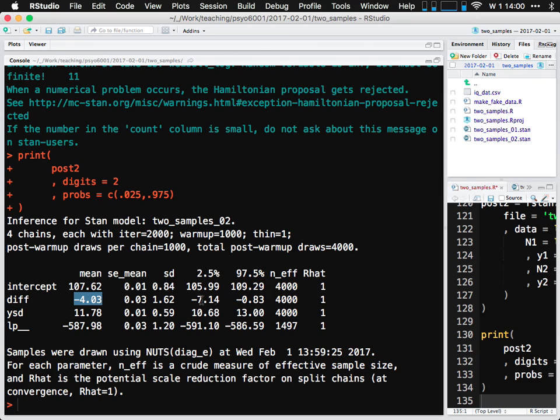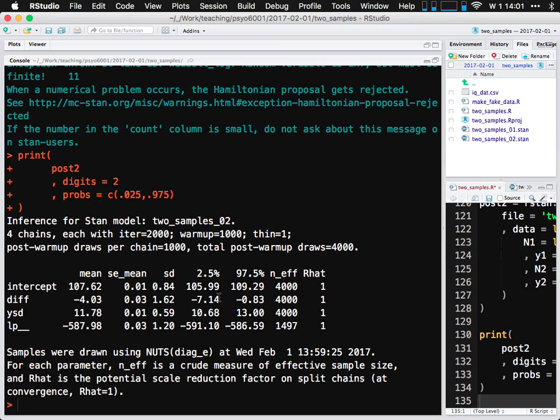Certainly this credible interval for the difference between the 2 groups excludes 0, which is as expected because I generated the data with a non-zero difference between the groups. We could do a visualization of that distribution, but for something this simple, it's pretty easy to tell that it's beyond 0, and it's roughly symmetrical, about 4 points on the other side.